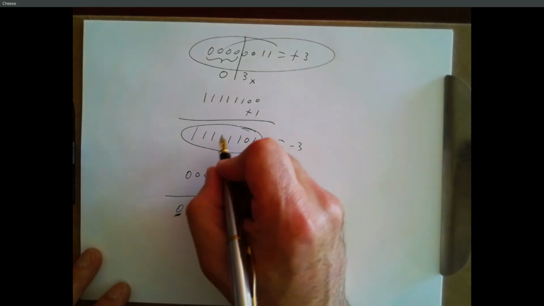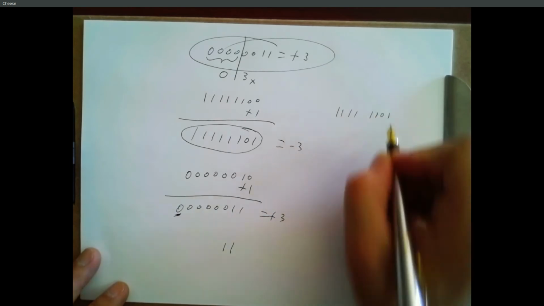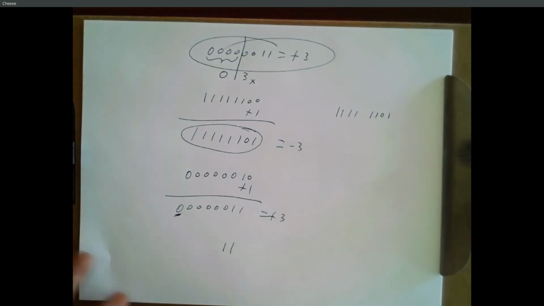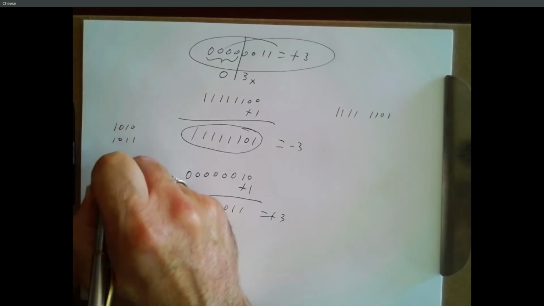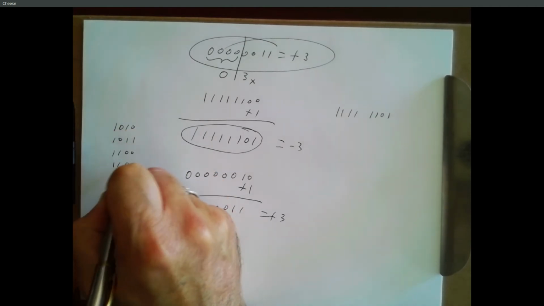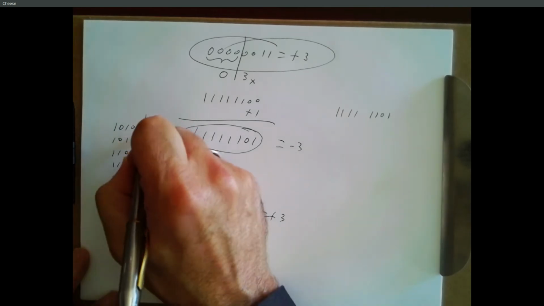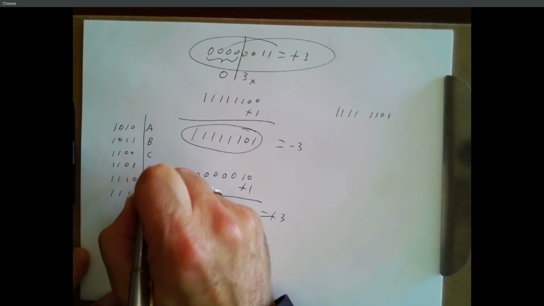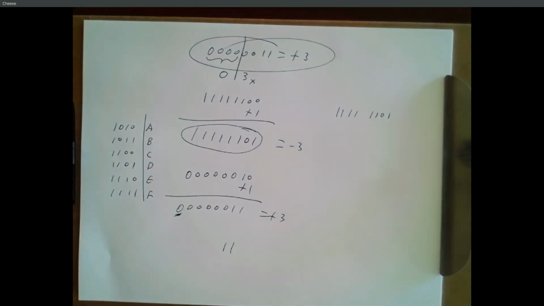All right, what about negative 3 in hex? So 1, 1, 1, 1, 1, 1, 0, 1. So here we need our table. Right, so 0 through 9, we just use the regular patterns that we're used to.